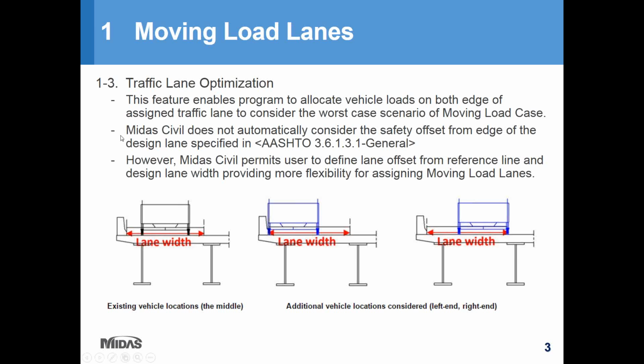However, it does not automatically consider the safety offset from the edge of the design lane specified in AASHTO 3.6.1.3.1. I believe it's 2 feet for exterior girders and exterior barriers, and 1 foot for inside or the other.